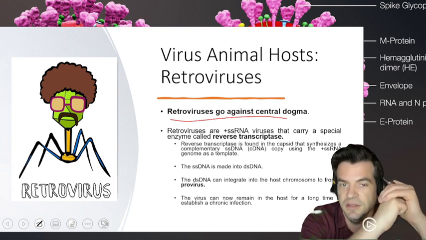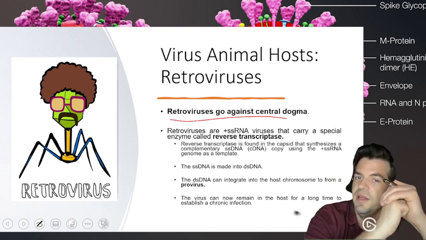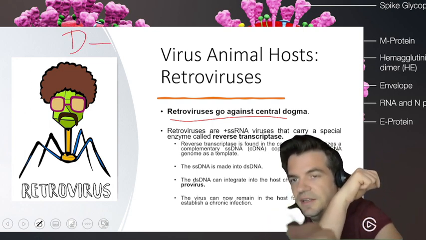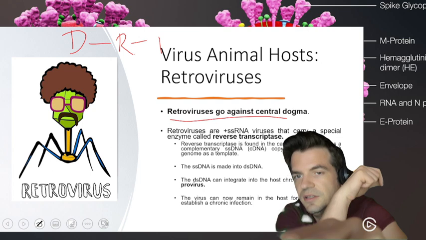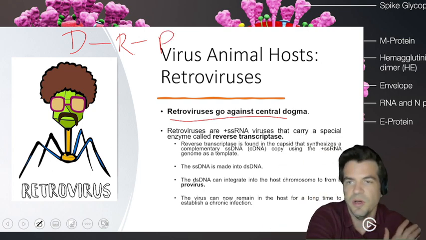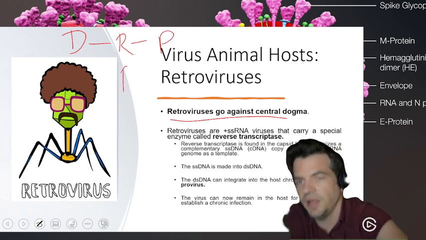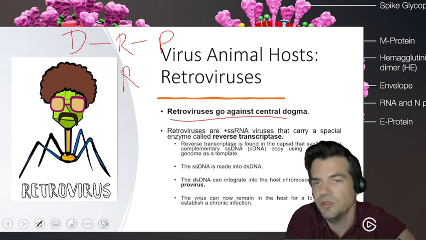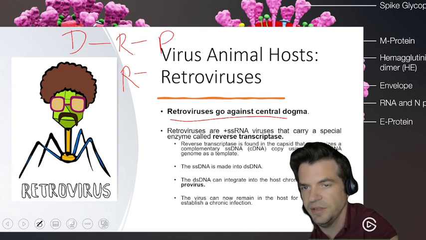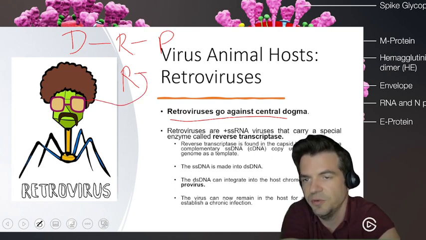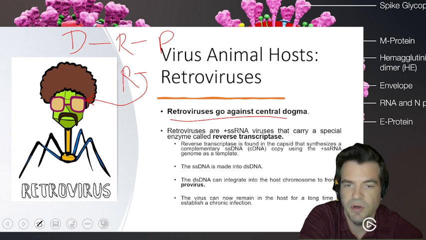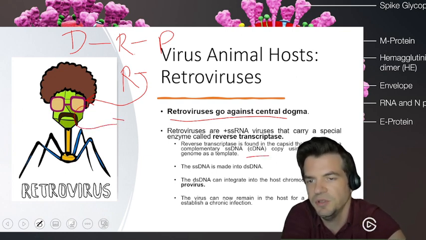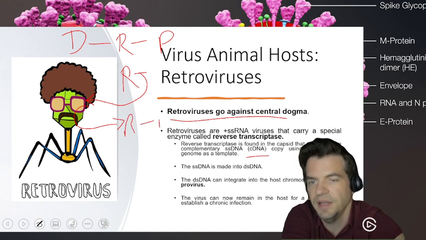That is the central dogma. Why a retrovirus goes against it is because instead of DNA to RNA to protein, you come in with RNA already. But we can't just go to protein. We first need to go to DNA, and we call that cDNA. Then we can come to RNA again, and finally a protein.